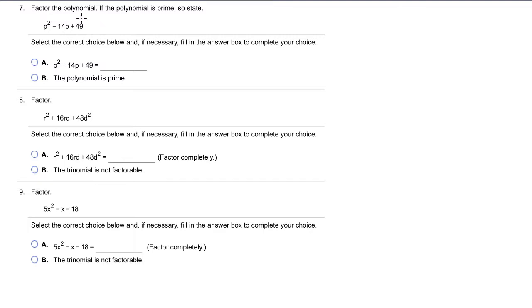As a matter of fact, right here, 49, that's screaming at me. 7 squared is 49, and that matches what we've got going on right here in the middle. That negative 14 is 2 times a negative 7. So this whole thing is a perfect square. It's p minus 7 quantity squared.